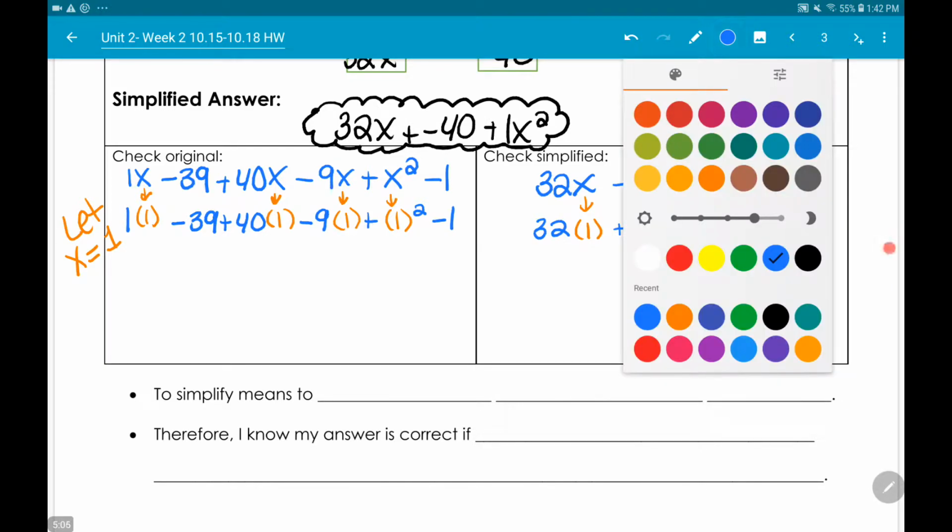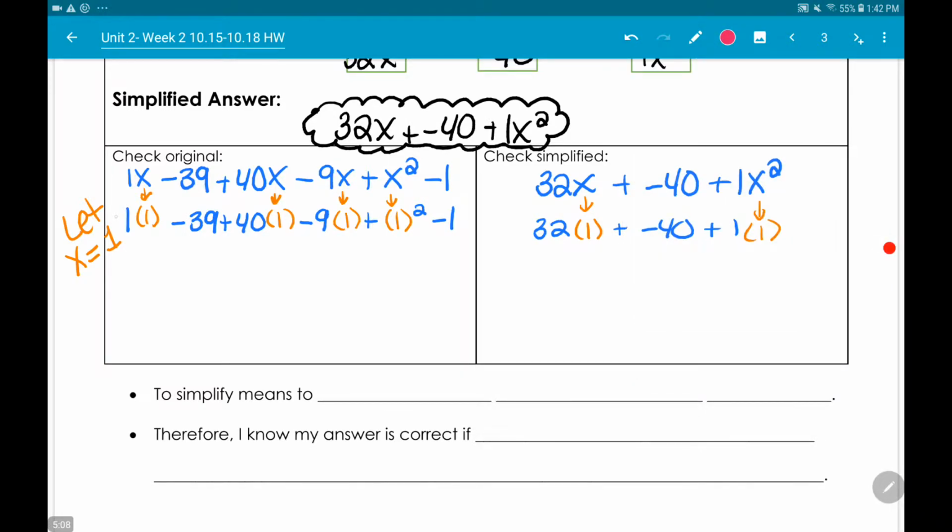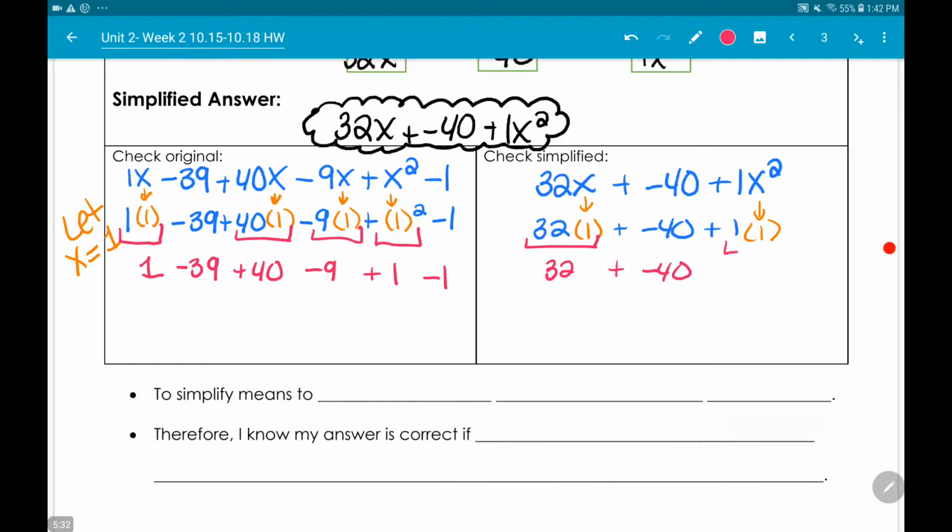Okay, and now I'm going to simplify. Just because these are so big, I'm going to simplify one chunk at a time. So I'm going to do my multiplications first, just so I don't make a mistake in my calculator. But I can do it all at once. Okay, now I'm going to go ahead and type this in.